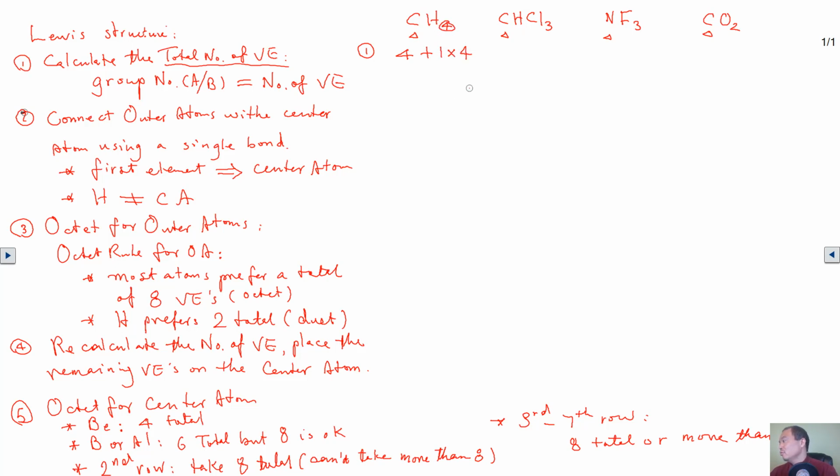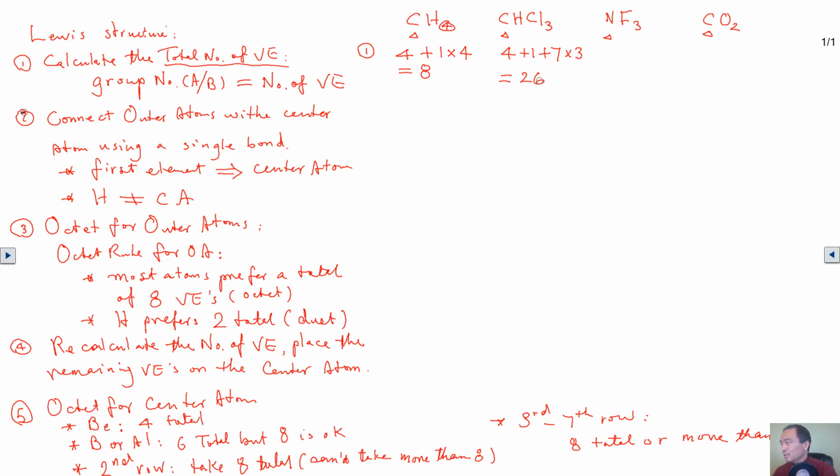So we find out we have a total of 8 valence electrons for CH4. What about chloroform, CHCl3? Carbon has 4, hydrogen has 1, and each chlorine has 7. We've got 3 of them. So you total it up, it's 26 valence electrons.